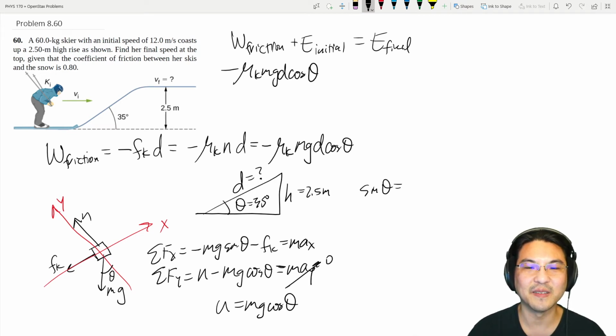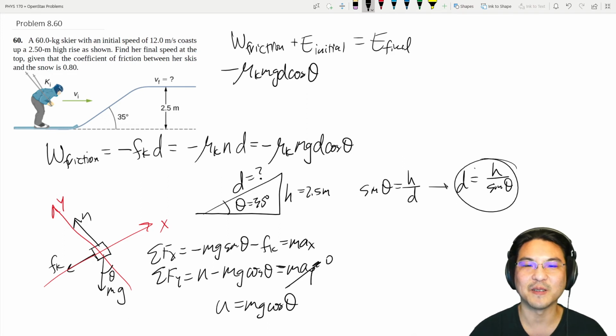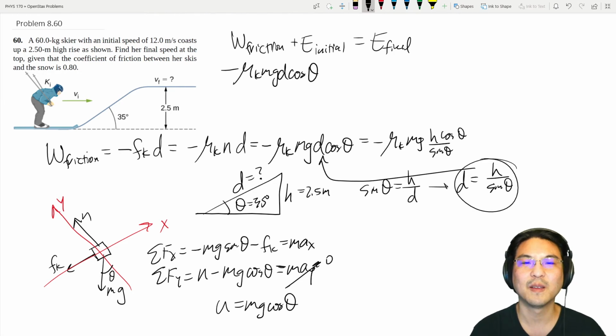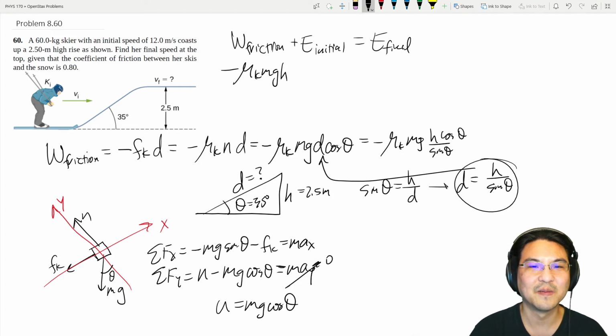Sine is opposite over hypotenuse, which means d is h over sine theta. So I should put that substitution right here. mg times d, which is h over sine theta, times cosine theta. So let me change that right here. So this is h cotangent. I'll just write h over tangent.